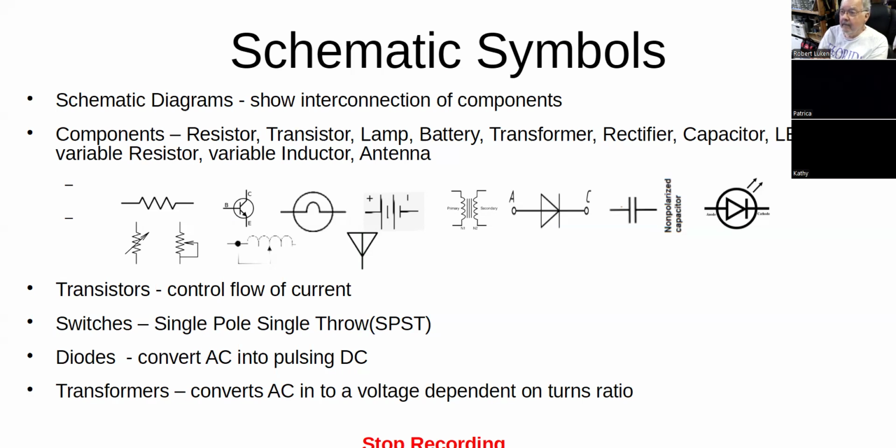Can I ask a question here? In your horizontal list of components, is that the order of the symbols? Or am I not that lucky? No, it is. So this one with the A and the arrow and the C, that's for the transformer?